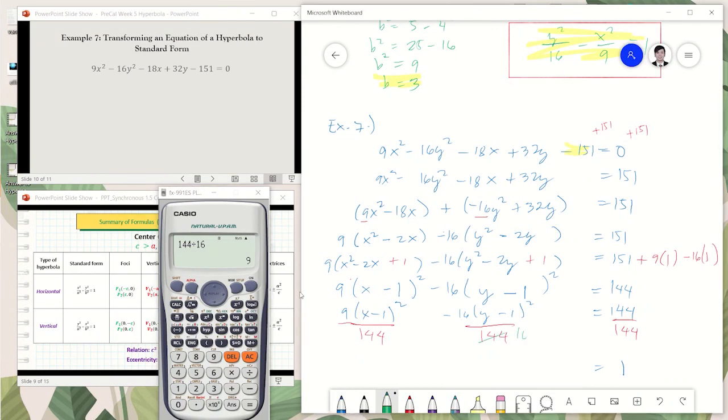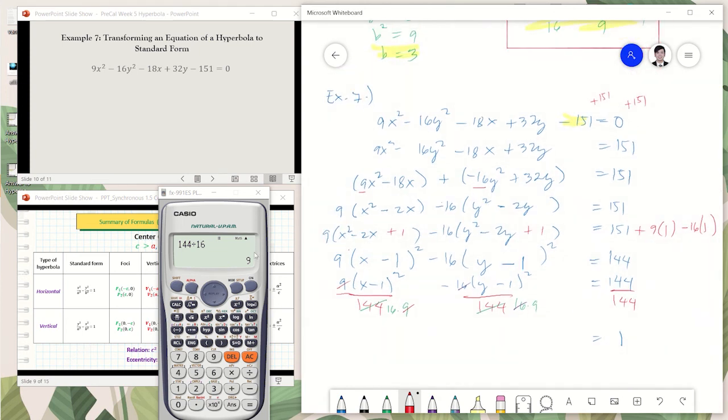So instead of 144, 16 times 9. Then we cancel out the common, which is 16. Same here in our 144 in here. We can write it as 16 times 9. And you can cancel out the 9. So the result would be the square of x minus 1 over 16, and then the square of y minus 1 all over 9. So this is now our answer.